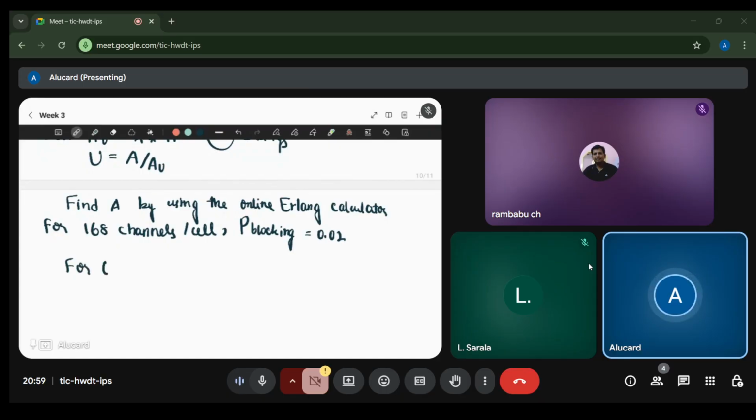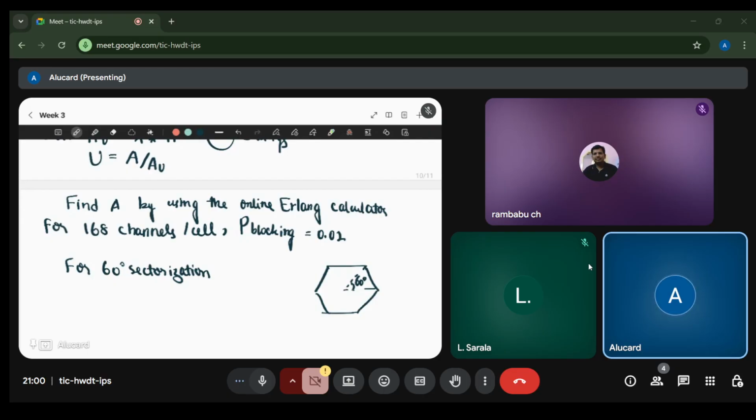Then for 60-degree sectorization, when you do 60-degree sectorization in a hexagonal tessellation, one of these parts is 60 degrees.